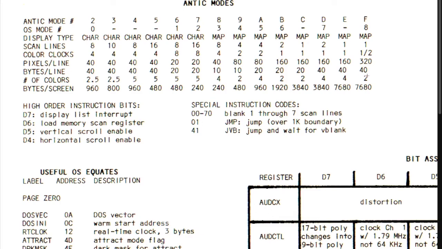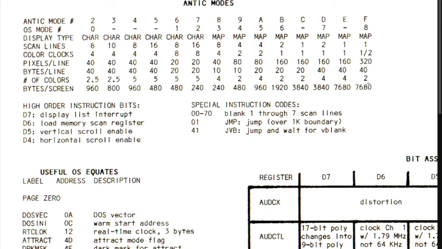It's 40 bytes per line and half a color clock wide. That's where the 2.5 comes from. It's only half a color clock wide, so it does an artifact between real light blue and then kind of a green or a brown color on the Atari.